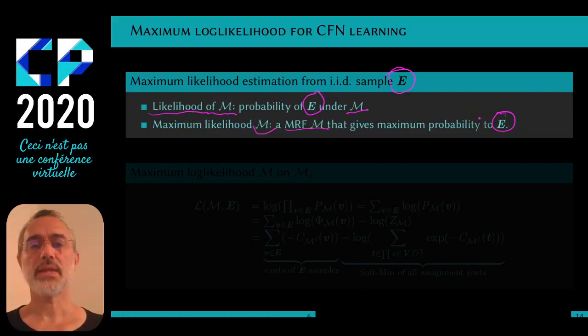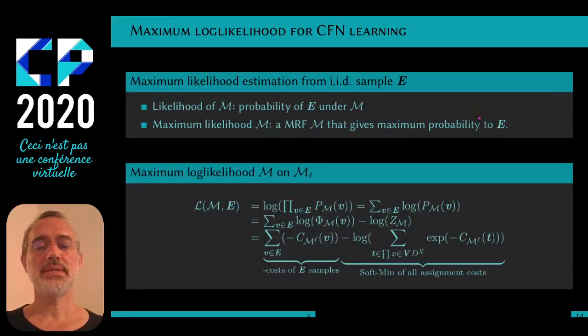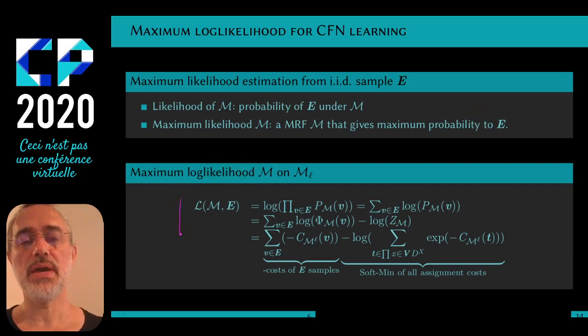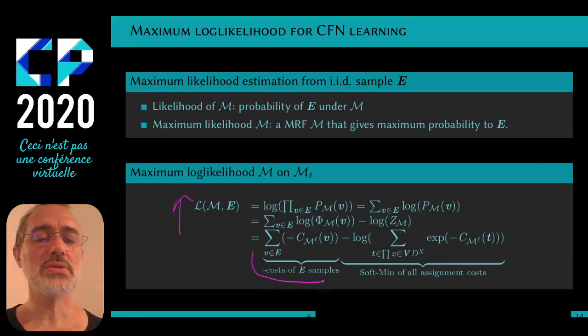And now you can see and exploit the previous connection. If we maximize the likelihood on the MRF, what does it mean on the associated cost function network? Essentially, it means that we will try to minimize the costs of the solutions we have in our set of high-quality solutions, which is okay.